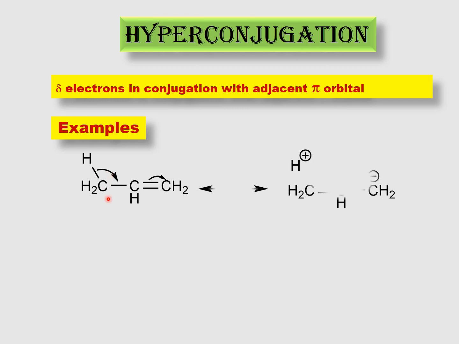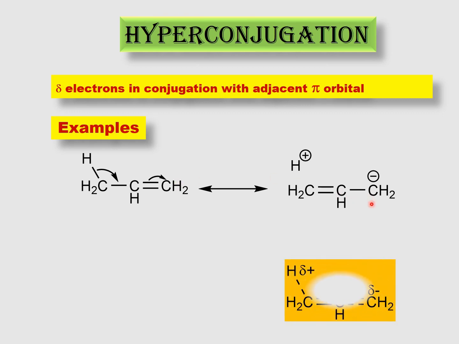So now what we have is a positive charge on carbon, which remains within bonding distance with this carbon, and because of shifting of this pi bond towards this carbon we have a negative charge here, and you can show the resonance hybrid in this form, right? And so you see a delta negative charge here and a delta positive charge here.